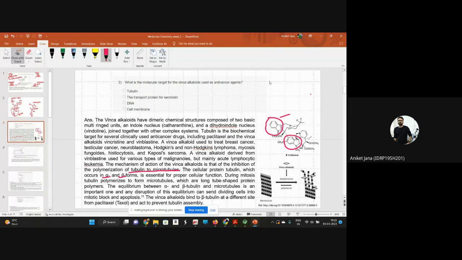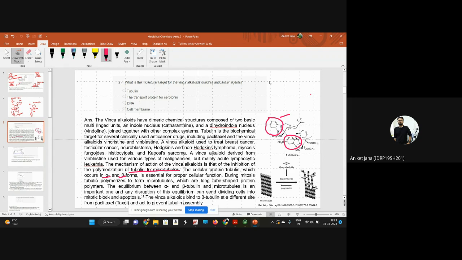What is the very fast criterion? Anybody? So metastasis. Metastasis and uncontrolled cell growth, right? The cell growth is in a very uncontrolled way.